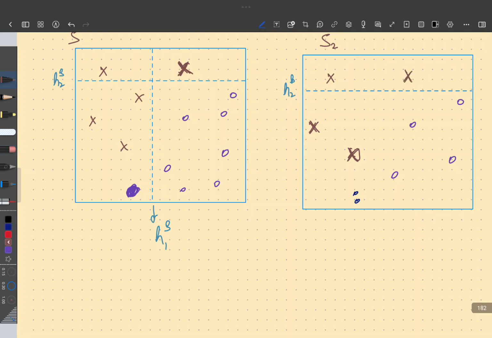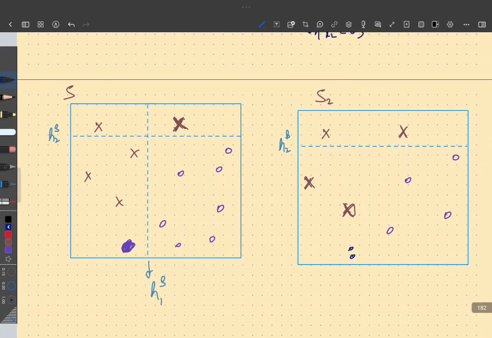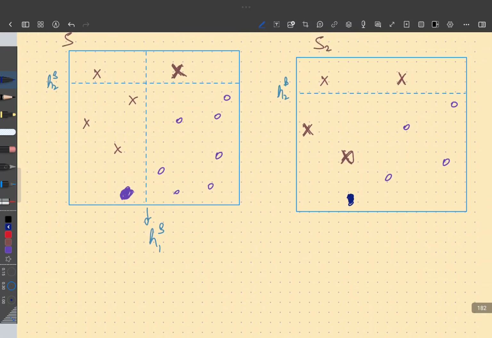It's still maybe slightly higher compared to S, but lower compared to S2.